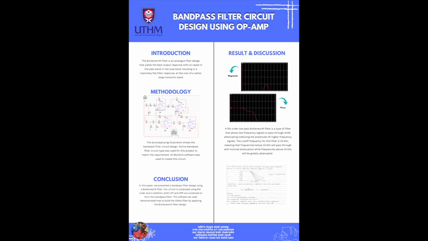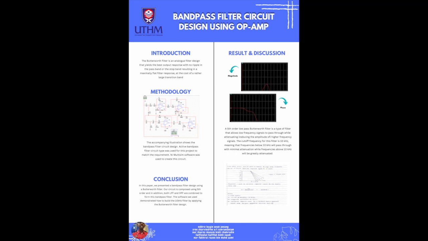The order of a filter refers to the number of poles in the filter's transfer function. A pole in the filter's transfer function represents a frequency at which the filter's gain drops by 1 over square root of 2. We can say it is a maximum gain in decibels of -3 dB.